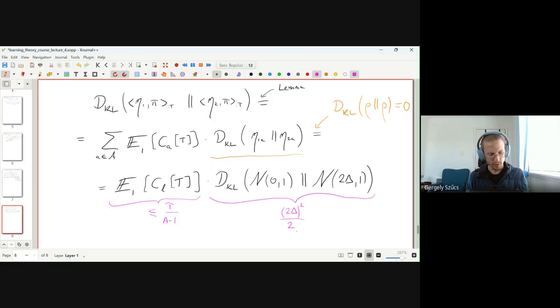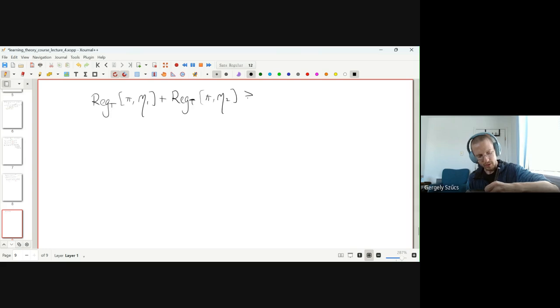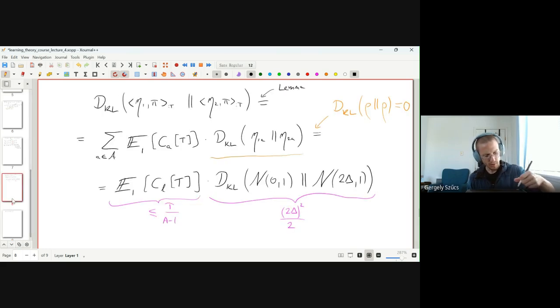So overall, summarizing this, we get that the sum of the two regrets is bigger or equal than here we had 2 over A minus 1, and here we have 2 delta squared over 2.